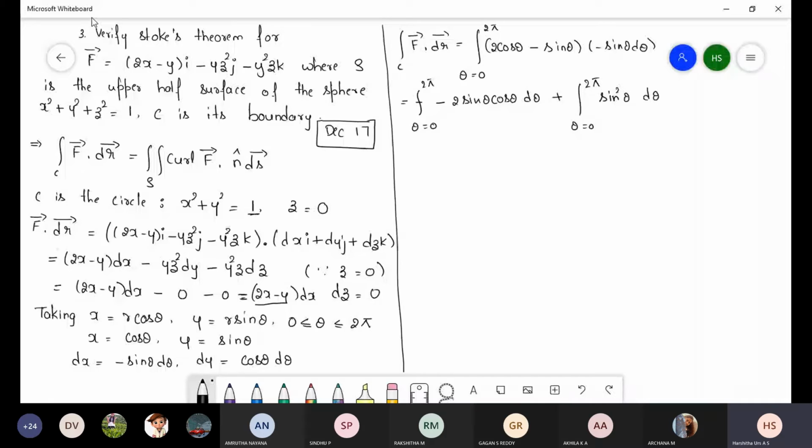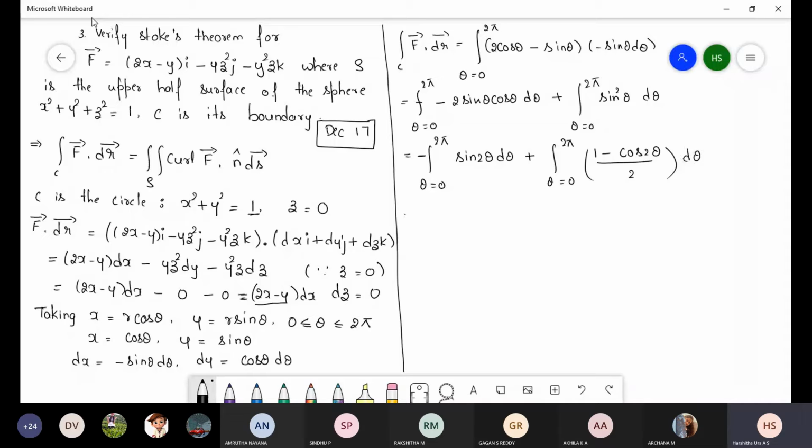Here theta is from 0 to 2 pi. I will write as it is: minus 2 sin theta cos theta, by the formula, is sin 2 theta d theta, plus integral from 0 to 2 pi of sin squared theta, whose formula is (1 minus cos 2 theta) divided by 2, d theta. Now do the integration.